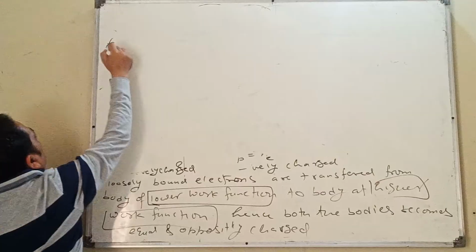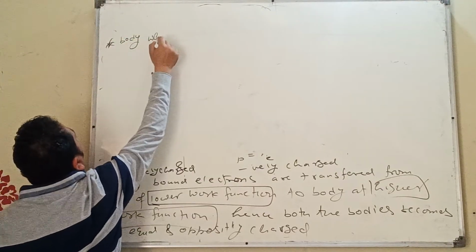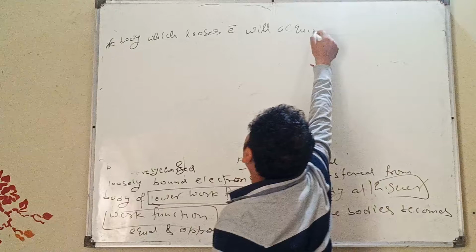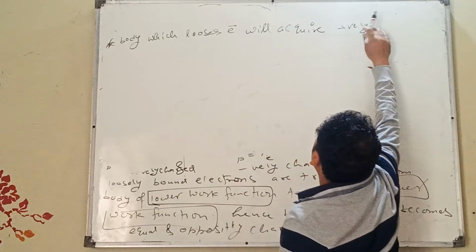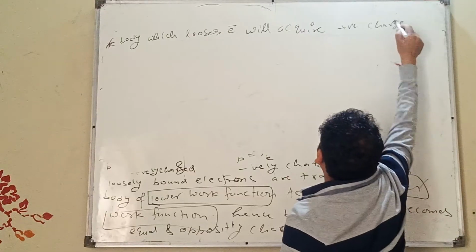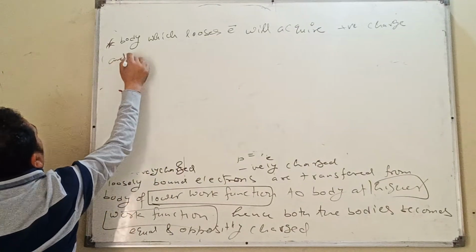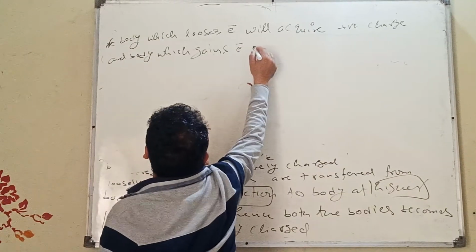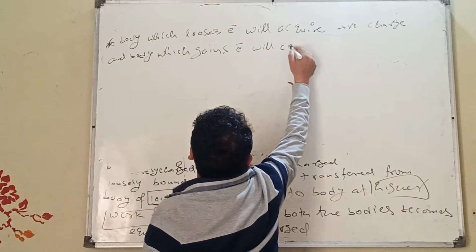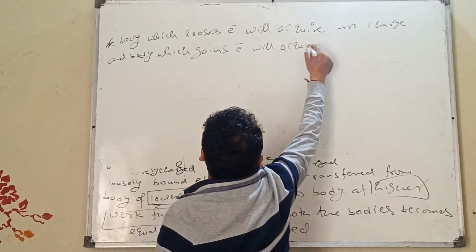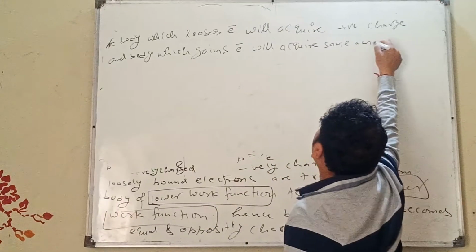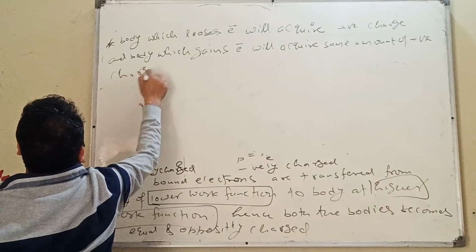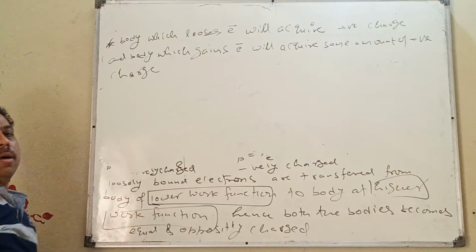So the important point is that the body which loses electrons will acquire positive charge, and the body which gains electrons will acquire the same amount of negative charge. Now both the bodies become equal and oppositely charged.